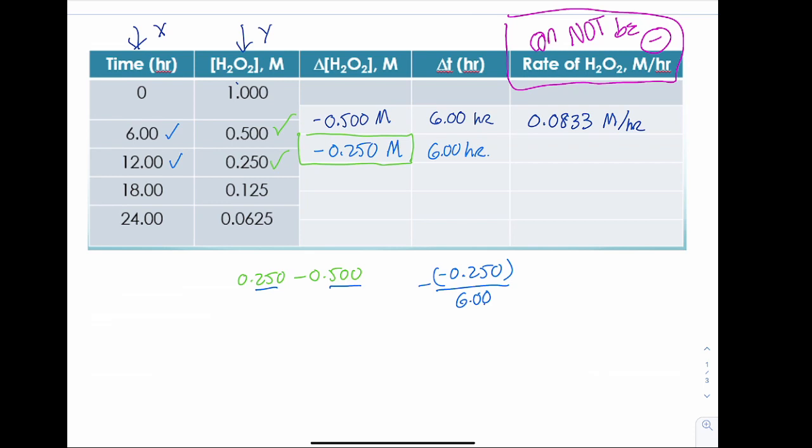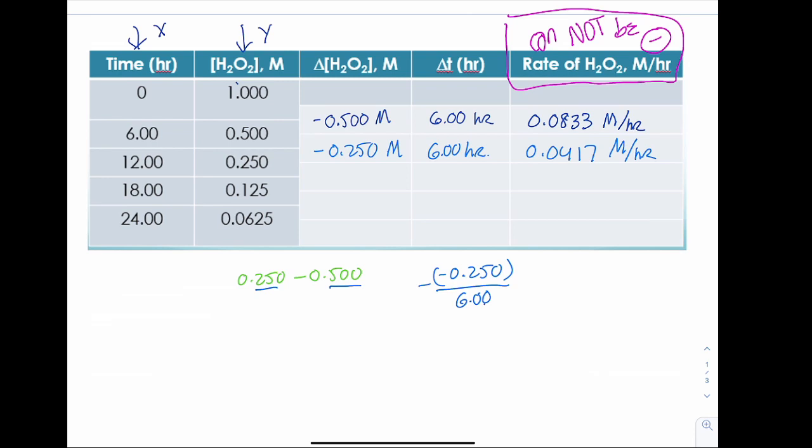I'm grabbing my calculator, so 0.25 divided by 6, and I get 0.041. I want 3 significant digits, 0.0417 molar per hour for my units. And you would just keep on continuing doing that to calculate the rest of our values.